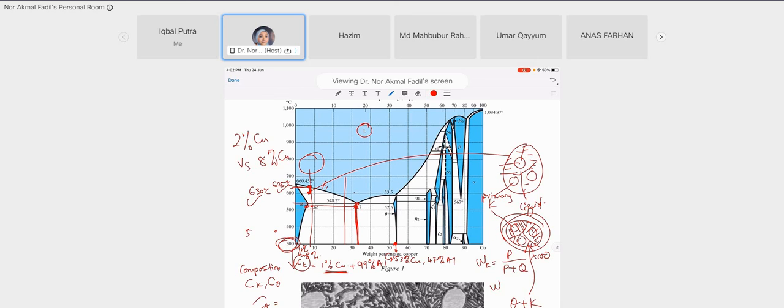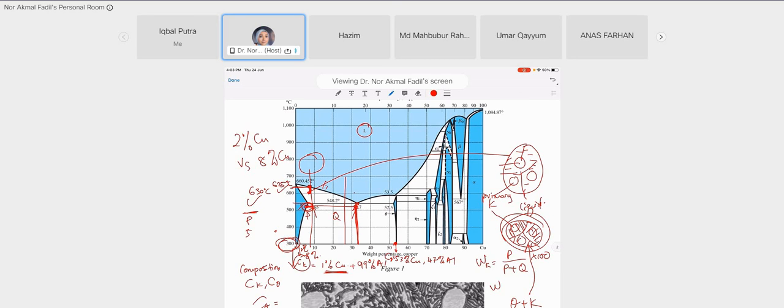You can take P and Q: from here to here is P, from here to here is Q. So you will get the fraction of eutectic structure. The eutectic structure for this P is just this length. Very short. The P is short for your 8% alloy.